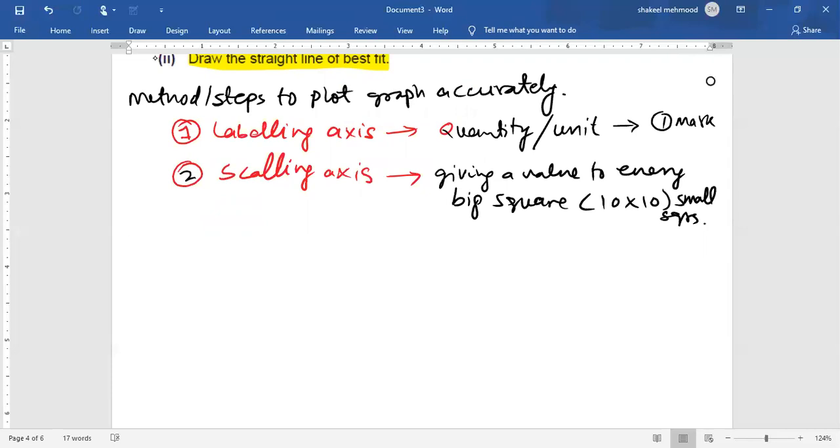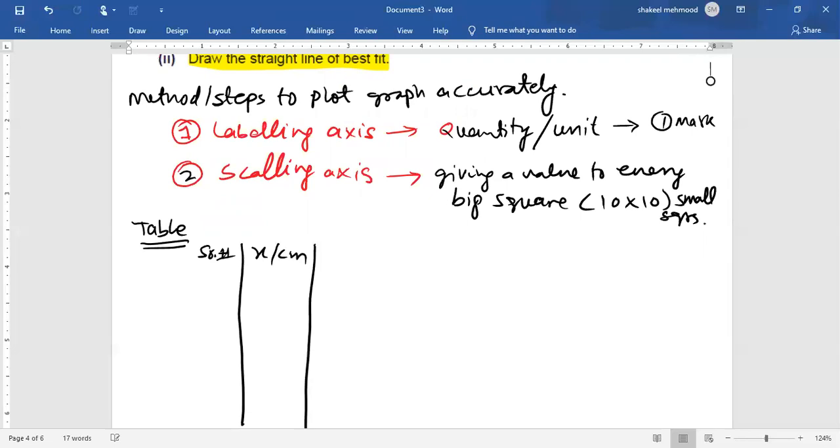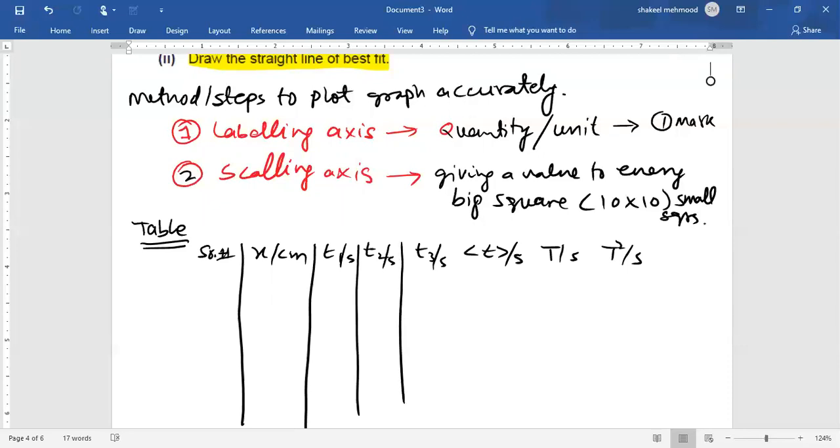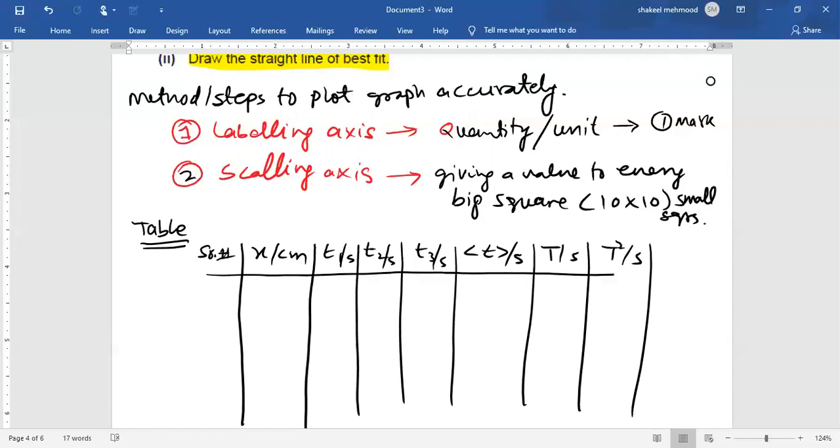Before we look upon the scaling method, let me draw the table because you will be using the values from the table. So let's say this is serial number, this is X, and then beta T1, T2, T3, average T, of course, unit will be with every quantity, then T and then T square. This is a rough draft, not using a ruler, just to save some time.